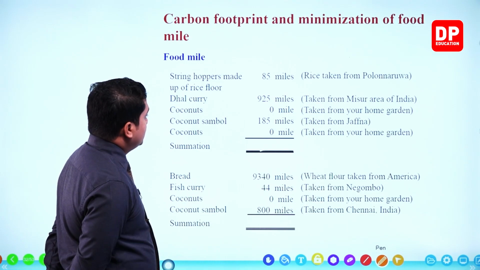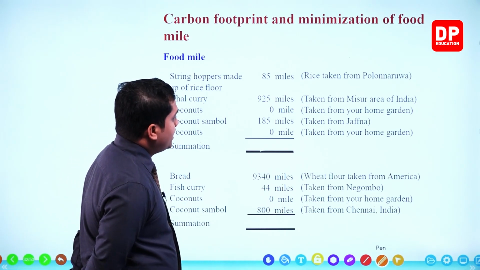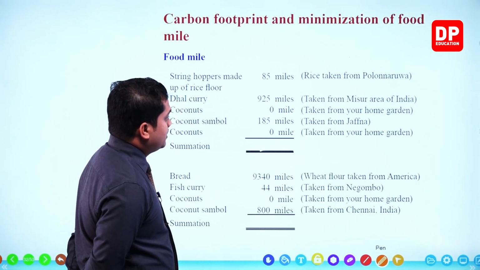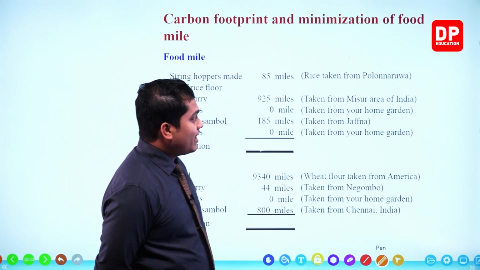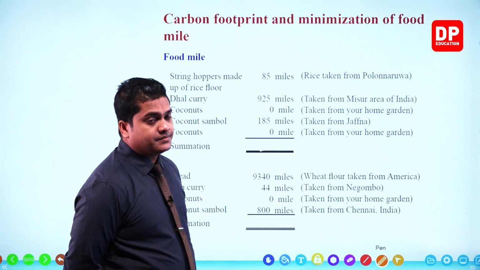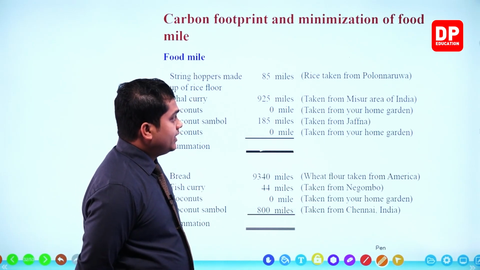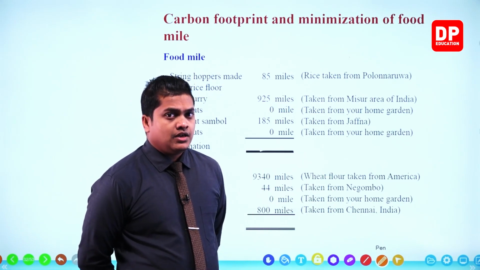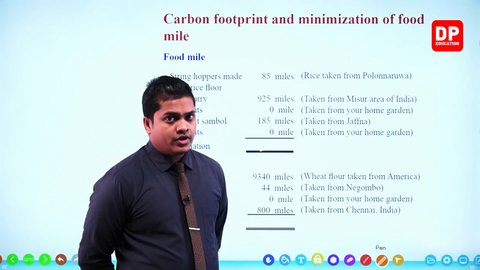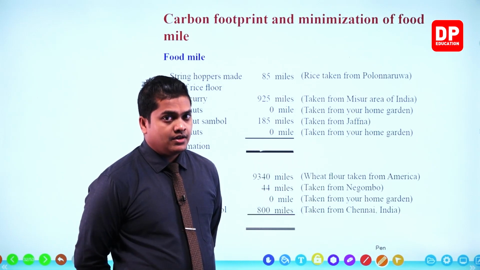The next one, dal curry, 925 miles. The thing is, this dal came from the Mysore area of India. You know that usually dal is imported to Sri Lanka from India, right?